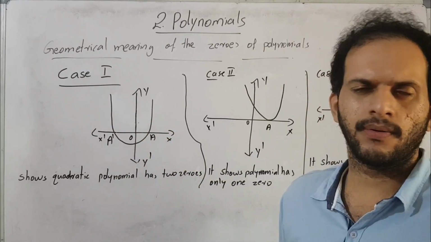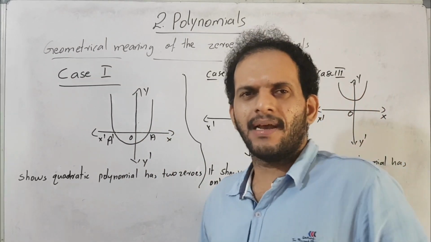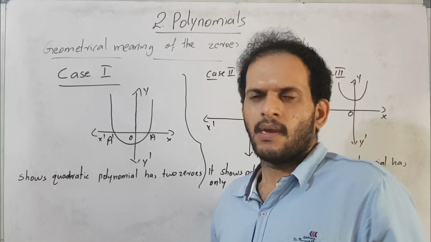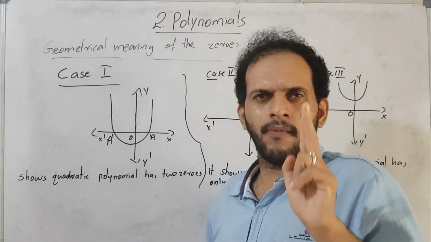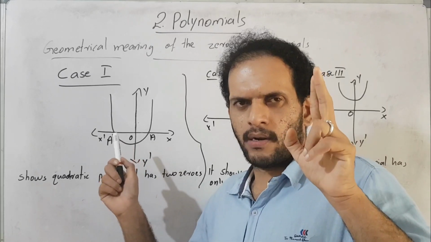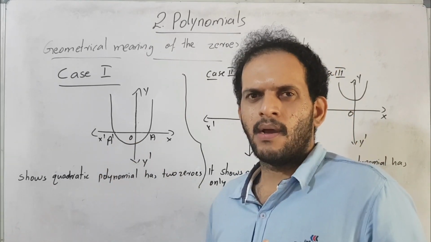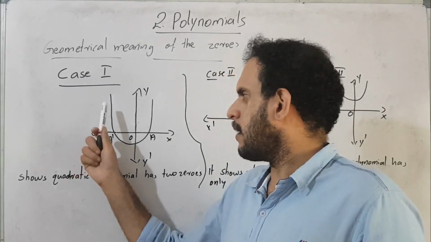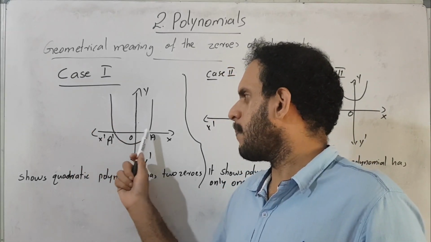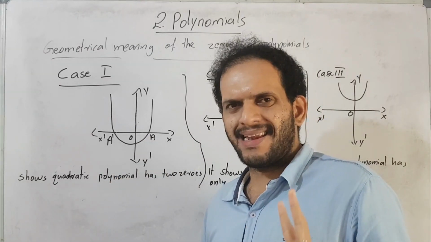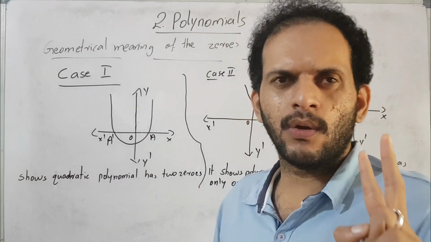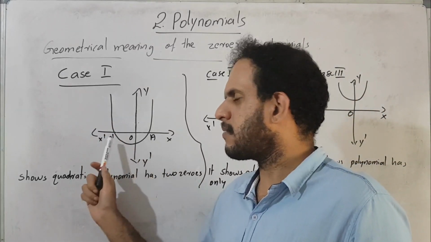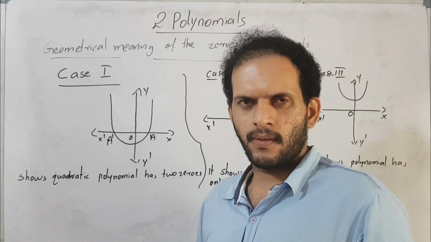Then the quadratic polynomial of this graph has 2 zeros, because this graph intersects the x-axis at 2 points.